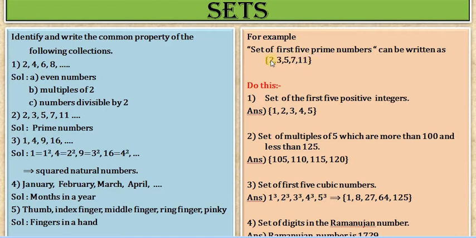Now in general, the elements in the set, if we write in general form, a, b, c, etc., then we should use small letters, English alphabet small letters. Whereas while representing the set, we use capital letters, capital A, capital B, capital C, etc. Okay, now let us go forward.